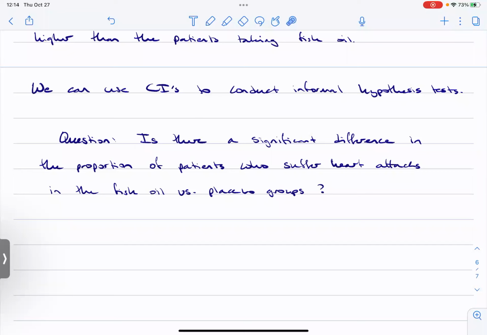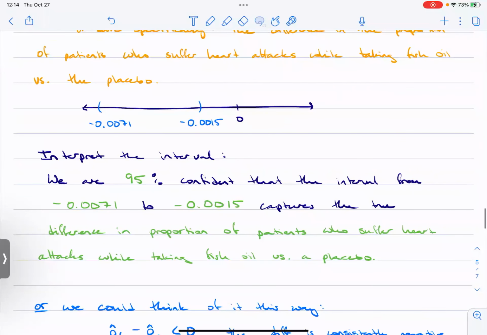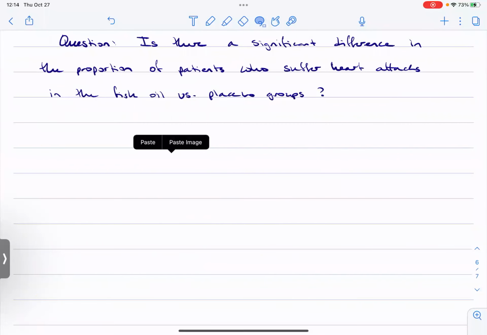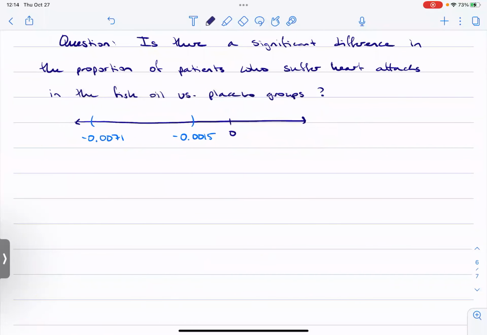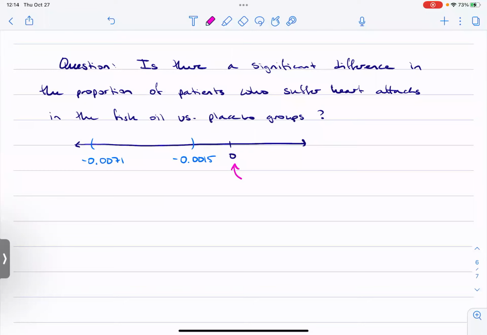Our null hypothesis, even though we're not necessarily going to say it, is always a statement of no change. We have to assume that there's no difference until we have proof otherwise. If there's no difference, what's the value of the difference? It's 0, right? So I'm going to steal this number line that we drew. 0 is the difference.